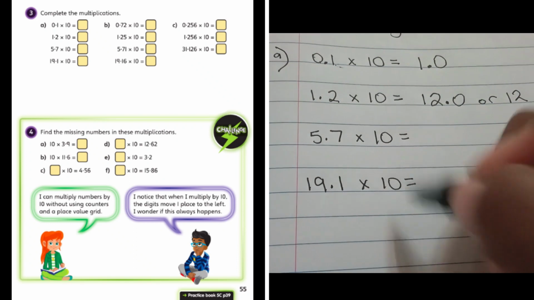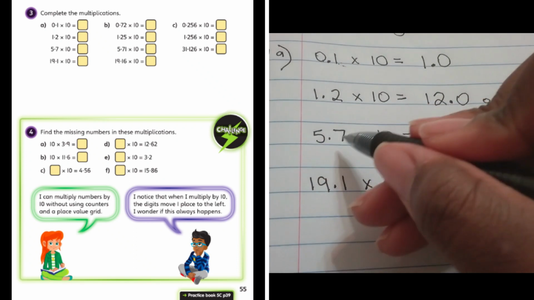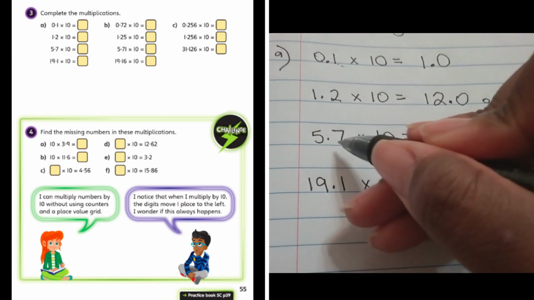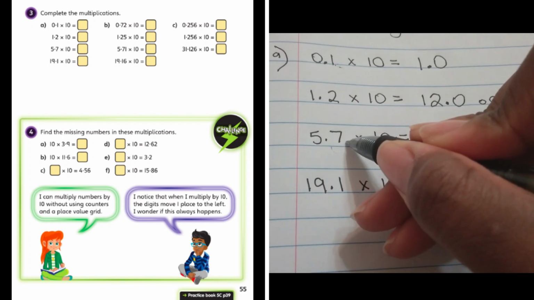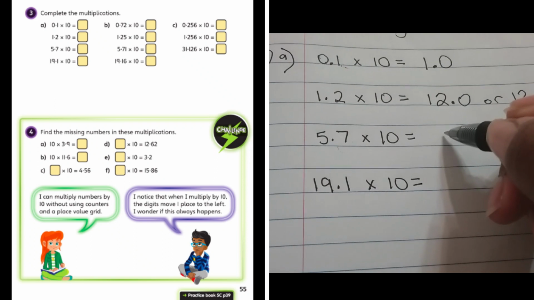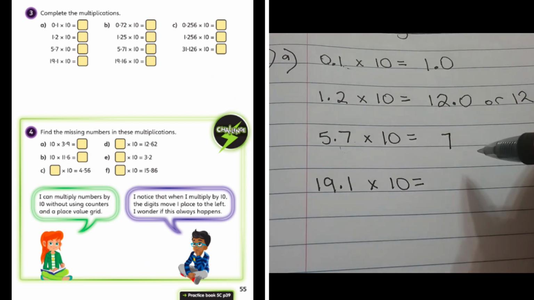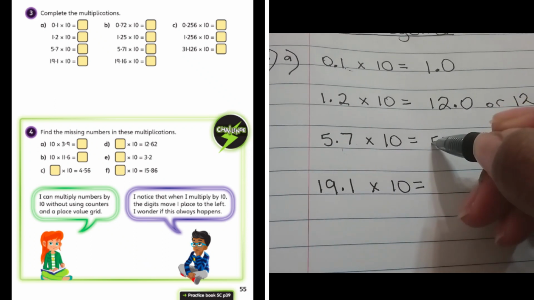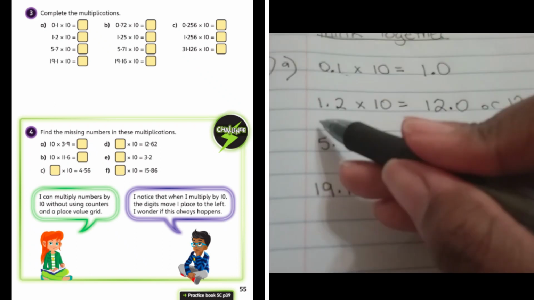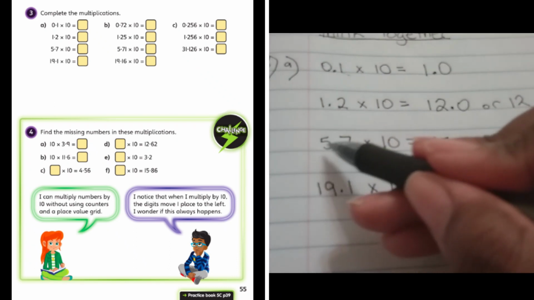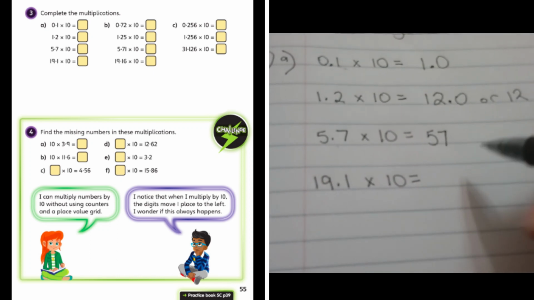Now for 5.7 times 10. Same thing, the numbers are moving, but a trick that makes it a little easier sometimes, just imagine that moves over. So now instead of appearing after the decimal point, the 7 appears in front of it. And of course the 5 stays in the same position. Notice the numbers always stay in the same order. 1, 2, 1, 2. 5, 7, 5, 7.